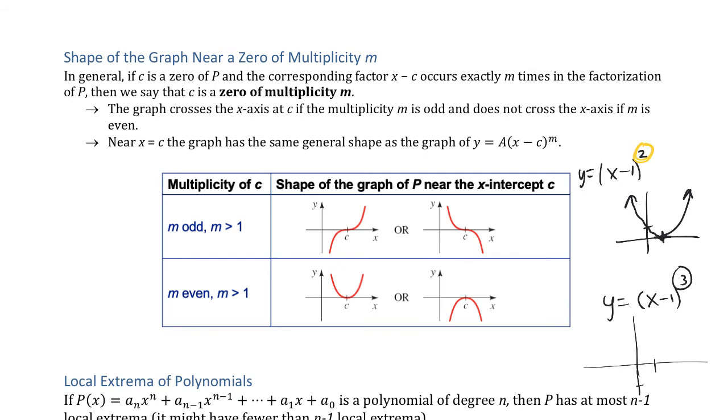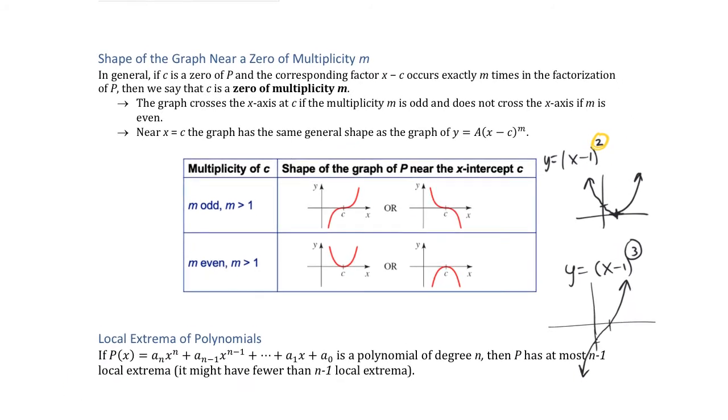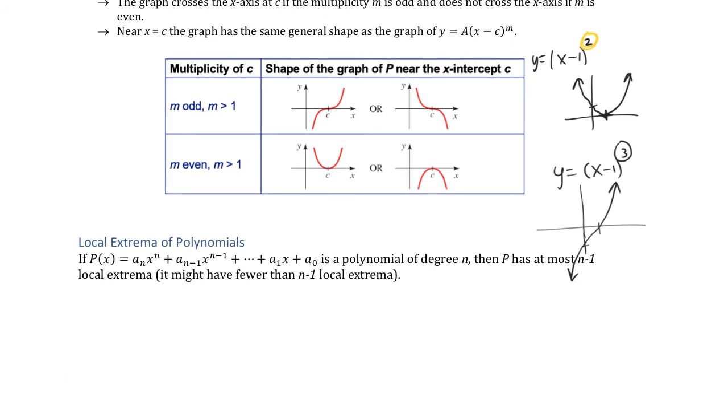So this would be our cubic graph. And then one other thing is this idea of local extrema. You can't have any more than 1 minus the degree of local extrema.